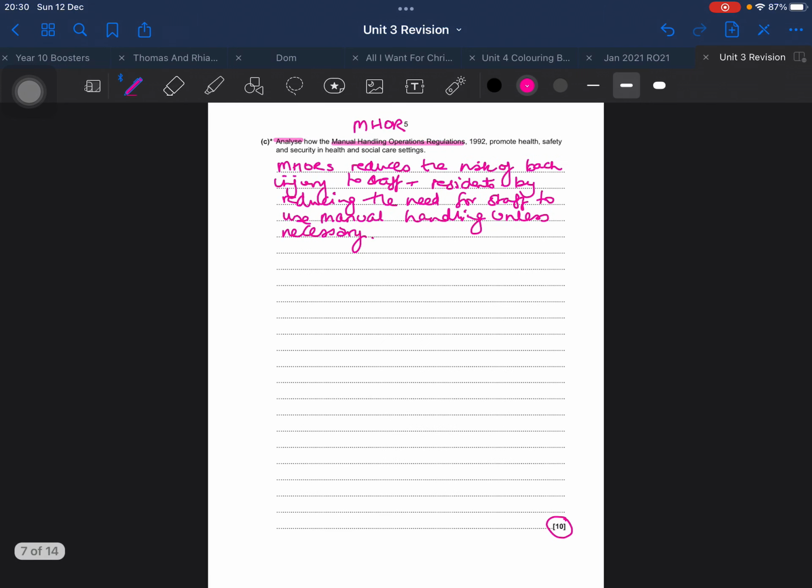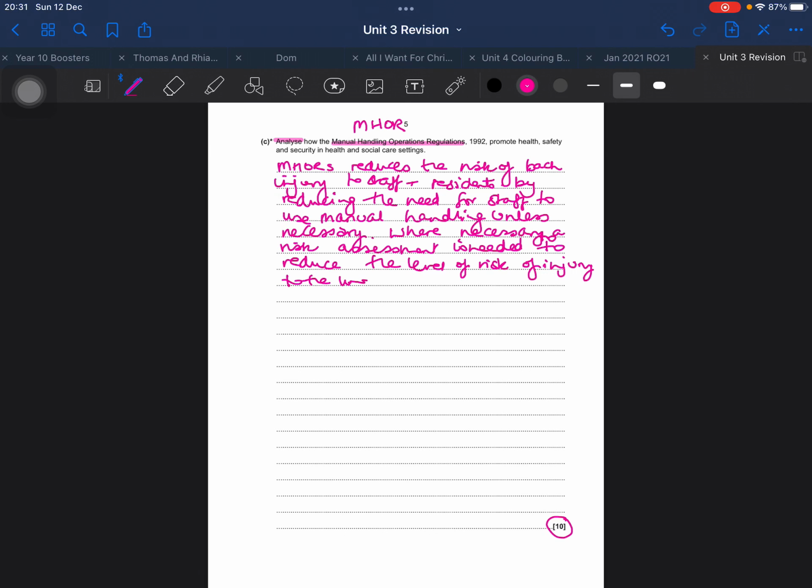So we can put into there, where necessary, a risk assessment is needed to reduce the level of risk of injury to the lowest level. What's that supposed to say? Lowest level possible.